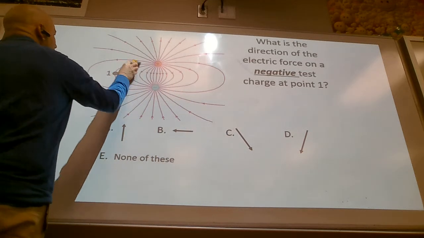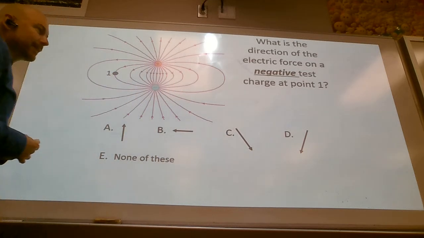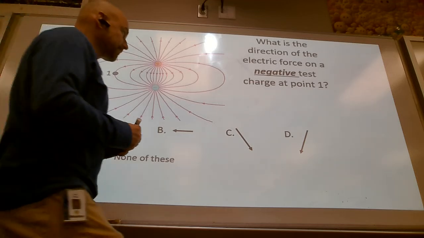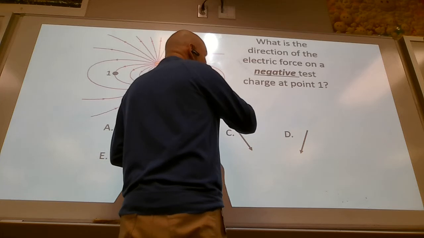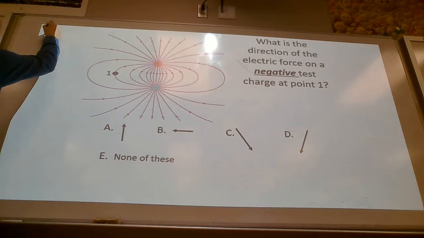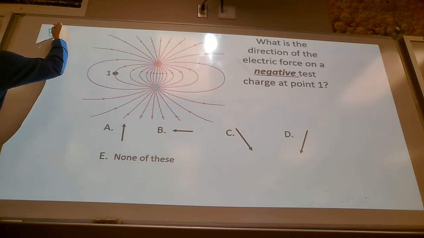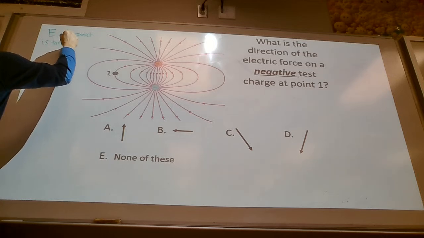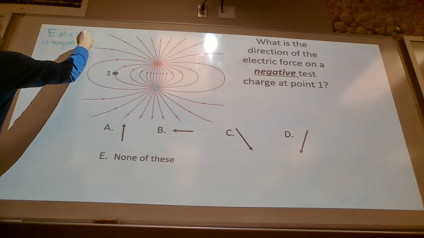Now, here is an alternative way to do it. First factoid: the electric field at a point is tangent to the electric field lines.